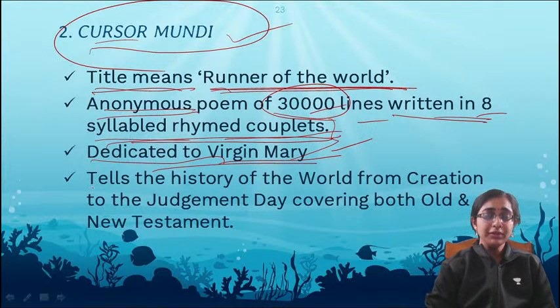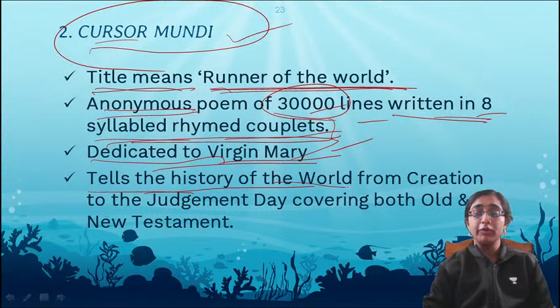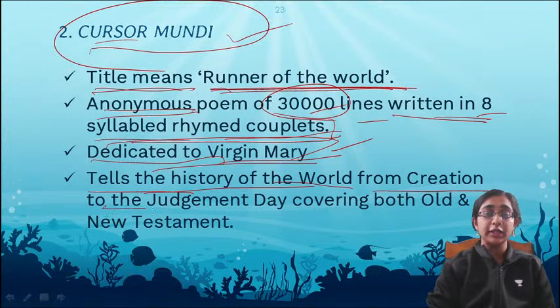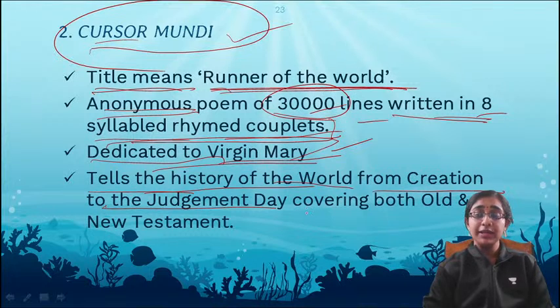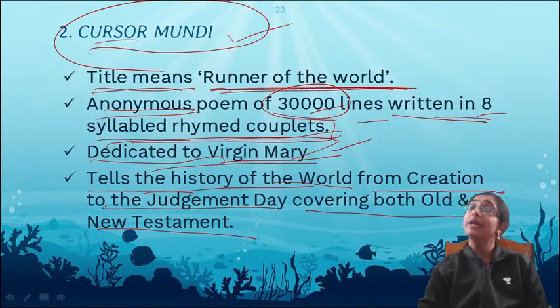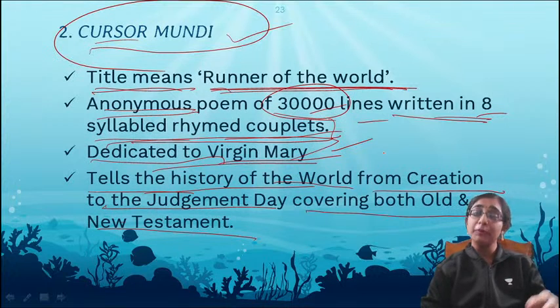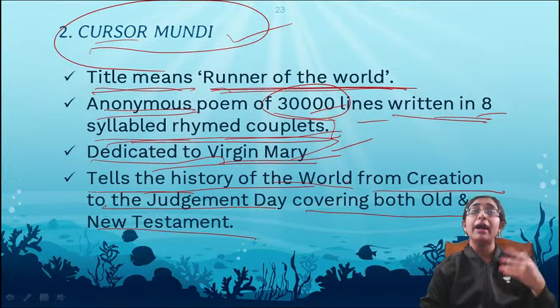What is the plot about? It tells the story of the world from creation to the judgment day, covering both Old and New Testament. So the whole story of creation in the Bible, the creation of the world, the story of Noah's Ark, the great flood, how Adam and Eve are created.